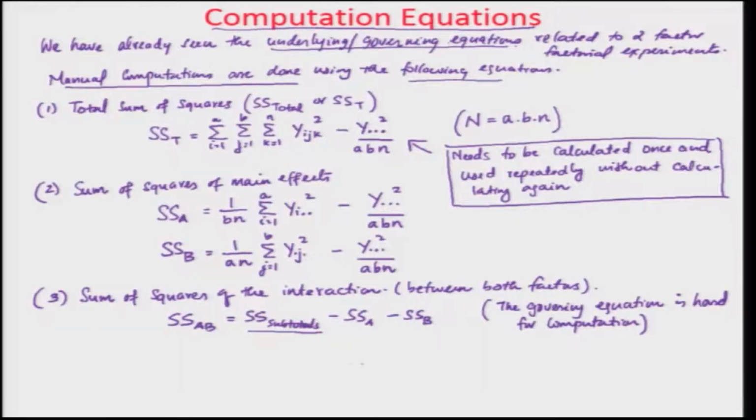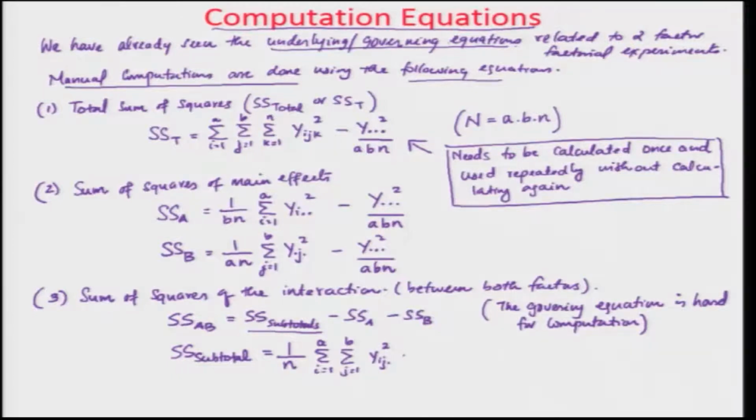So, the sum of squares of subtotal: the subtotal is given by the equation 1 over n, now A and B are gone, sigma i equals 1 to a, summation of j equals 1 to b, of y i j dot squared, minus y dot dot dot squared over a b n. So, the right-hand side term remains the same, but this particular term is y i j dot squared.